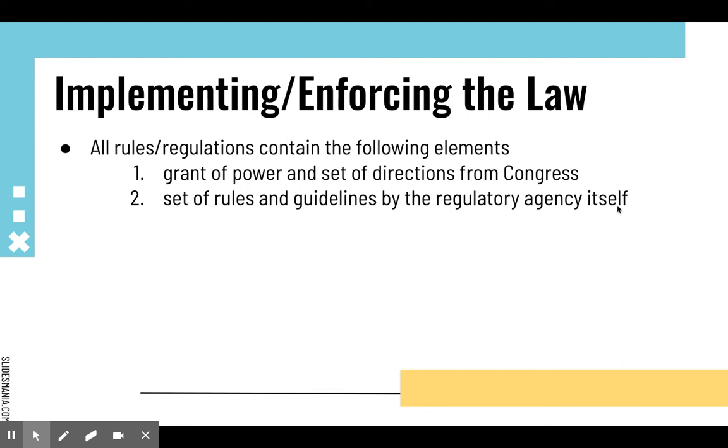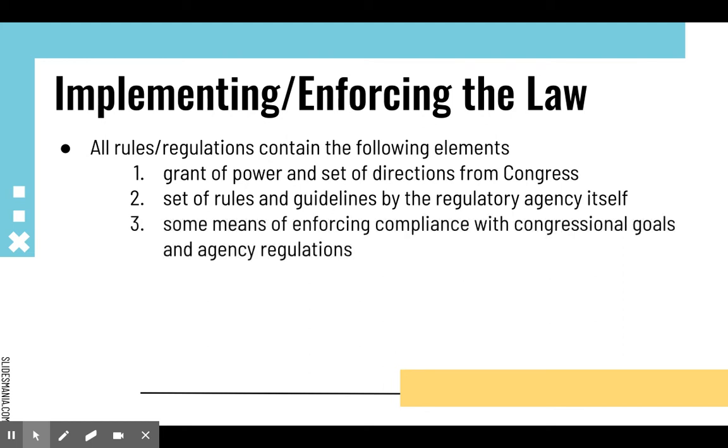Next, the agency, the commission, will set a rule and guideline, right? They'll use that discretionary authority and interpret the law to create or establish how it should be implemented. And then the rule and regulation also has a way of enforcing compliance with that goal and agency regulations. And we'll talk about compliance here in a second.